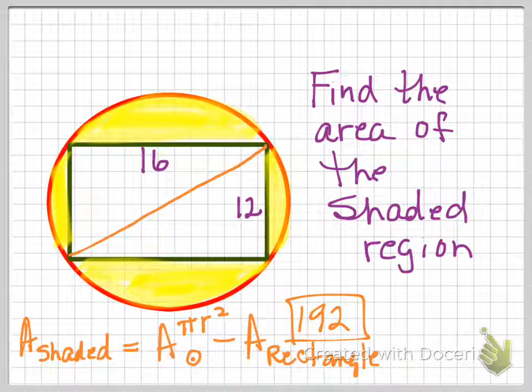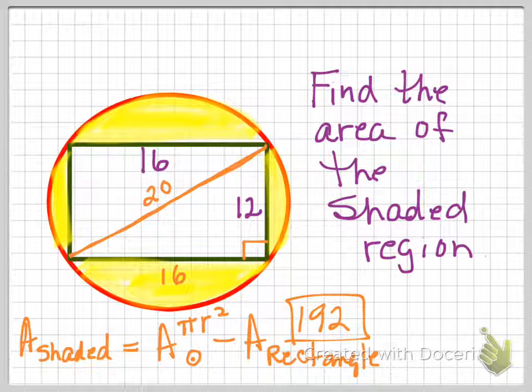Okay, if you're back, I have decided that I can find r if I use the Pythagorean theorem to find this diagonal, which also happens to be a diameter. So I'm going to use my Pythagorean theorem, and I end up with that this is 20.